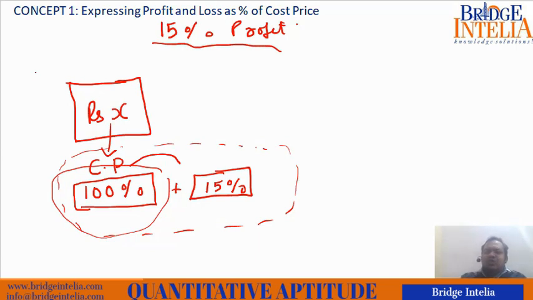So if you want to make a profit of 15%, your thinking must be that I have already invested 100%. If I want to earn 15% profit, then I would expect that the customer should be paying me 100% plus 15%. So this extra amount of 15% is what actually the profit is.